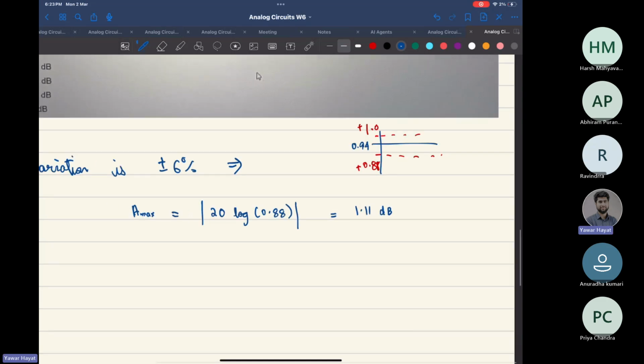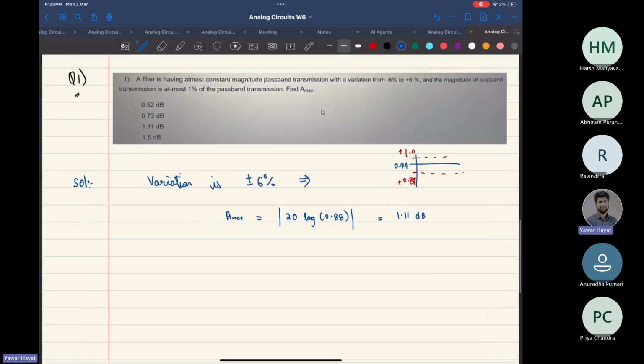And that is A max for you. Is this clear with everyone? Okay, I'll assume a yes then.